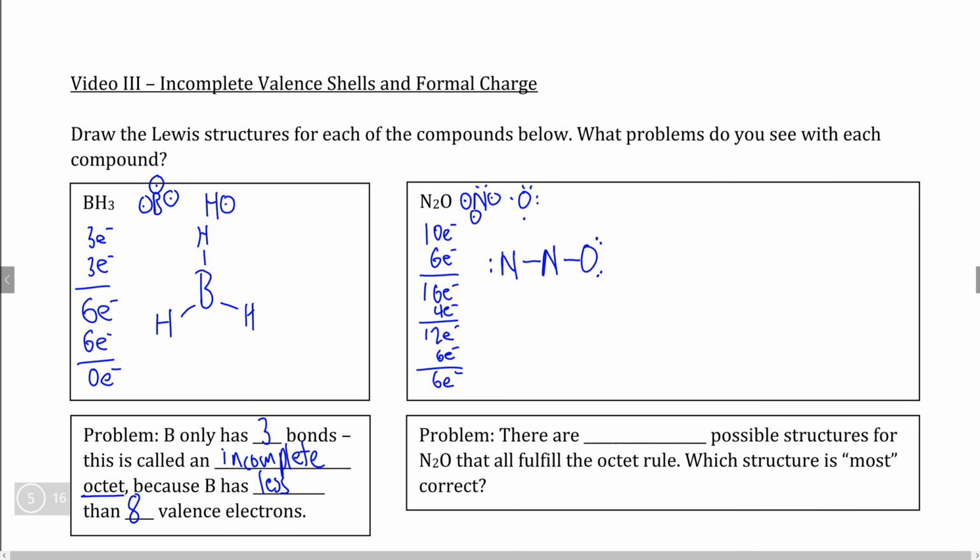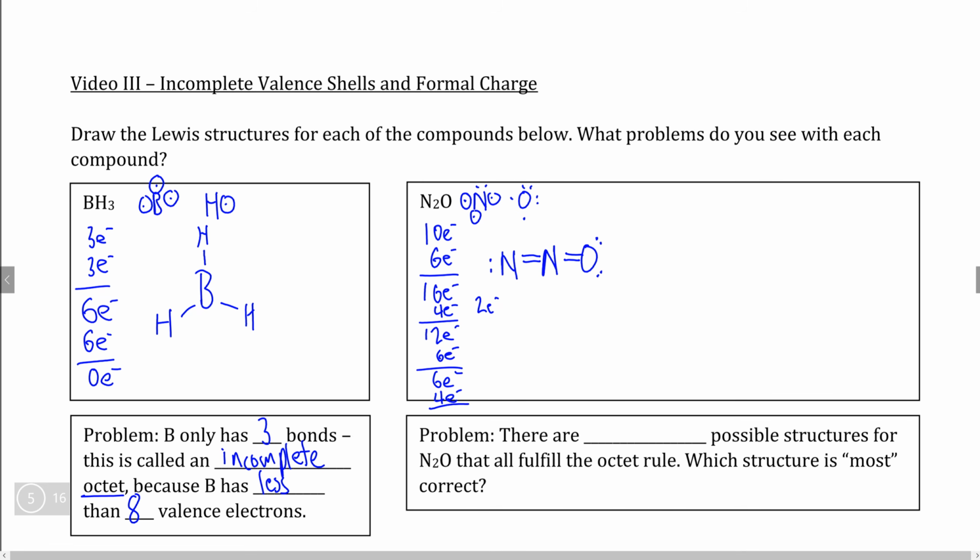So let's assume that these 6 electrons can be used to make double bonds. We can put a double bond from nitrogen to oxygen and another double bond connecting the 2 nitrogens. That means if we just added 2 bonds, we have added 4 electrons, meaning we have 2 electrons left over.